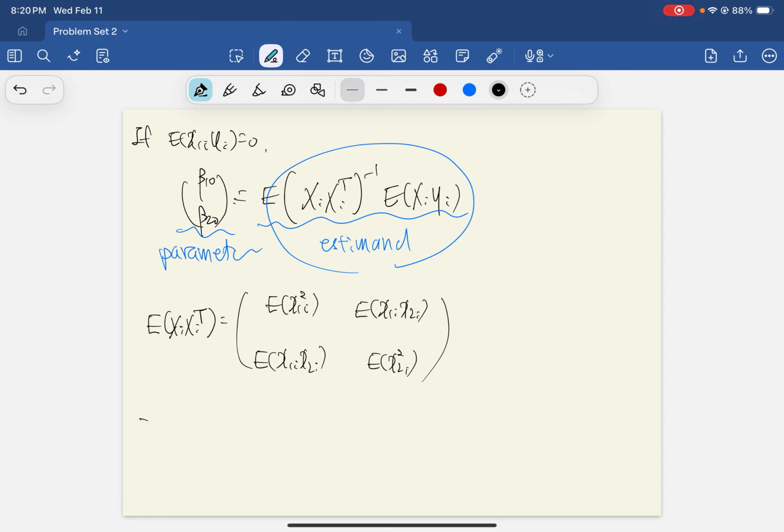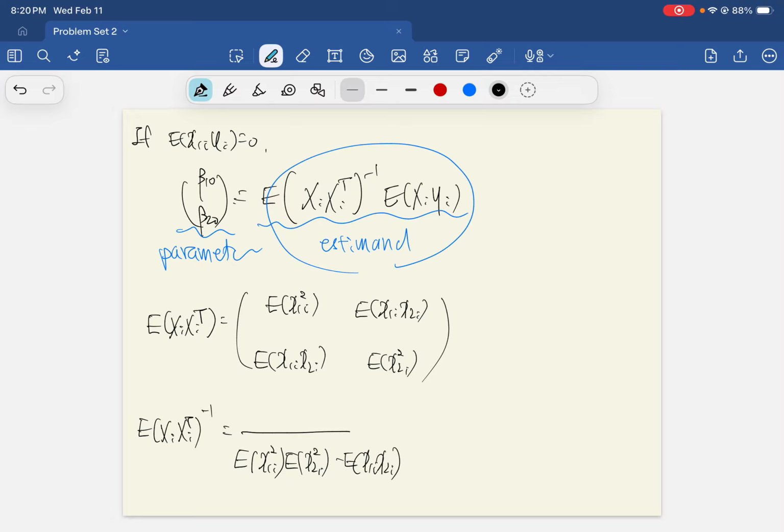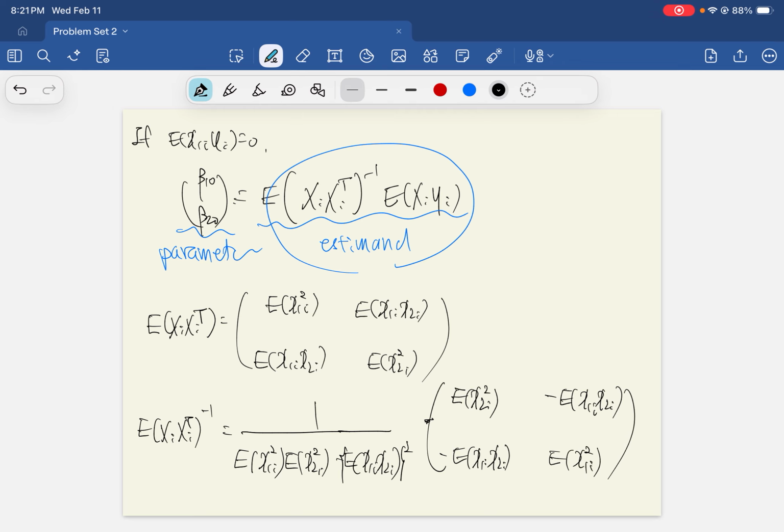The expectation of x_i x_i transpose equals the matrix with expectation x1 squared, expectation x1 x2, expectation x1 x2 again, and expectation x2i squared. Its inverse has the determinant in the denominator, and you get expectation x2 squared, minus expectation x1 x2, minus expectation x1 x2, expectation x1 squared. This is the inverse of the 2 by 2.